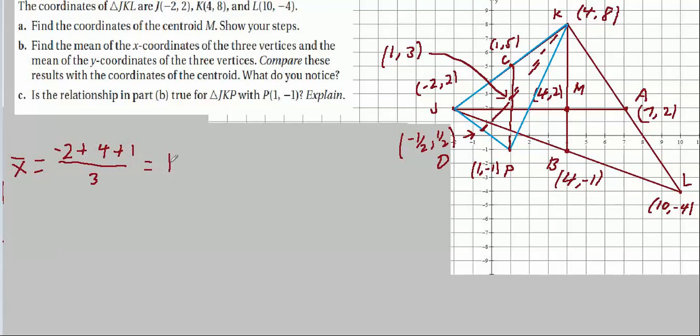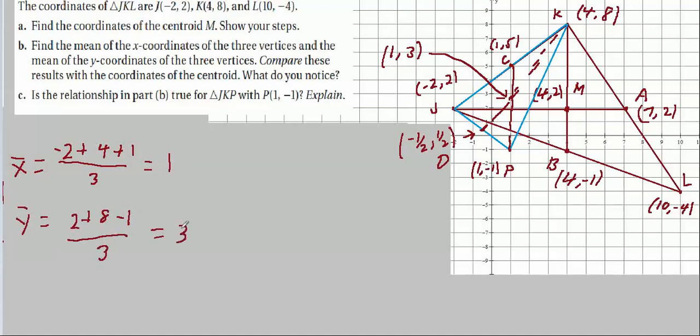What about y bar? Well, let's see, we get 2 plus 8 minus 1 over 3. It's 10 minus 1 is 9, divided by 3. That's 3.